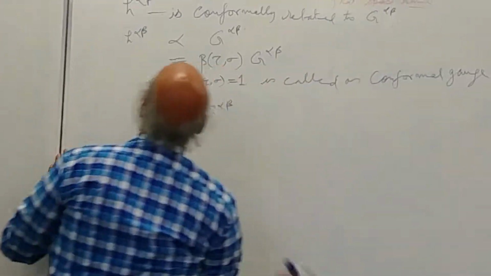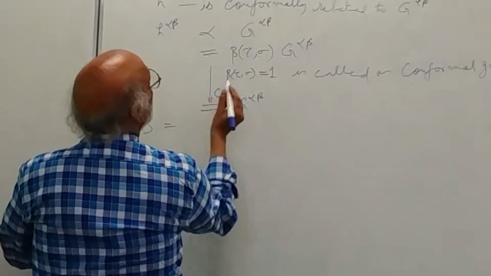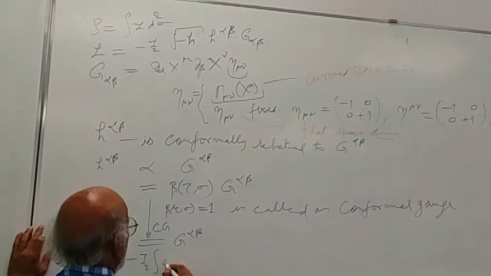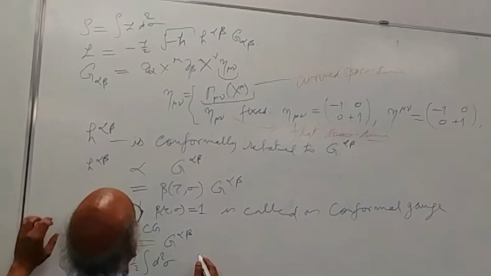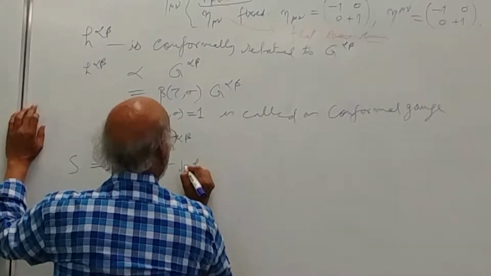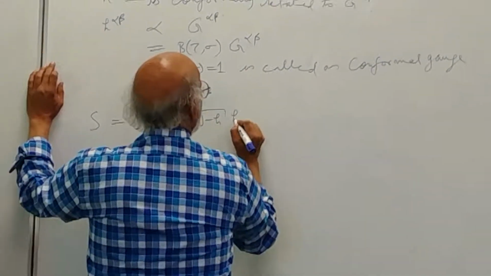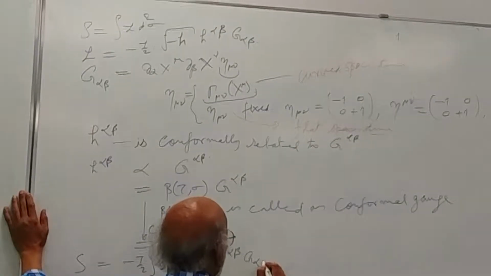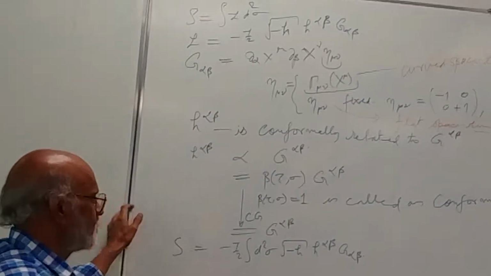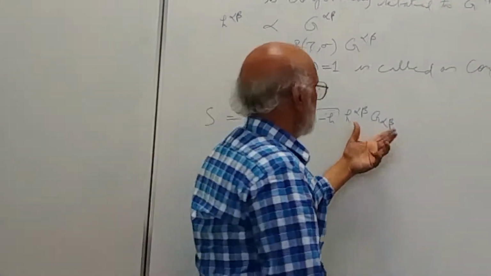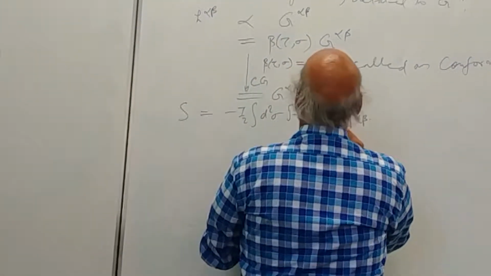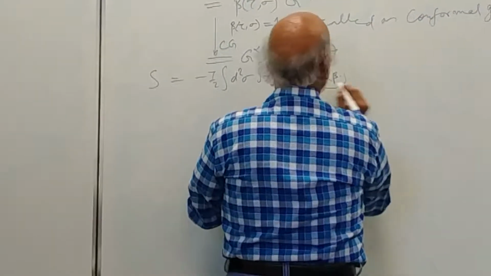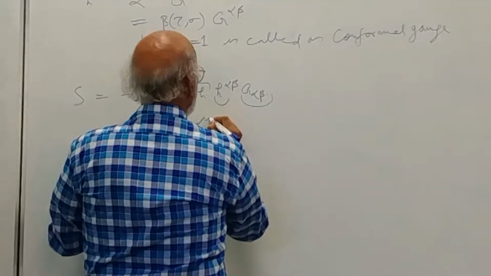And then if we come back to the action and we take minus T by 2 into d2 sigma into square root of minus H into H alpha beta into G alpha beta. So this in the conformal gauge, you have that G alpha beta and H alpha beta.